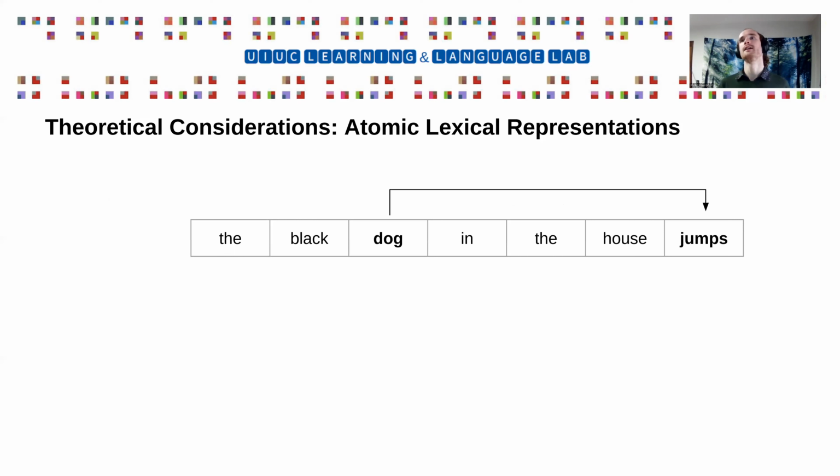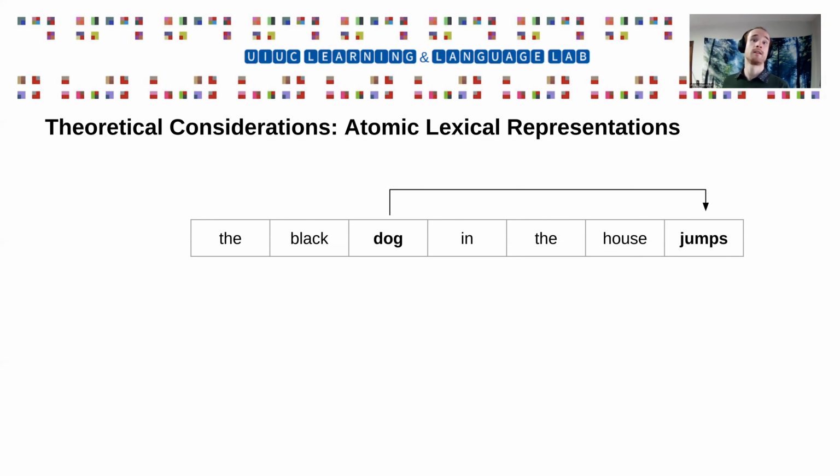Okay, so imagine you're a recurrent neural network, you're getting sentences like the black dog and house jumps. Now, if you want to learn something about dog, like the semantic category of dog, the fact that it is an animal, that it is animate, and so on and so forth, there aren't really a lot of relations in that sentence that are diagnostic of this knowledge, right?